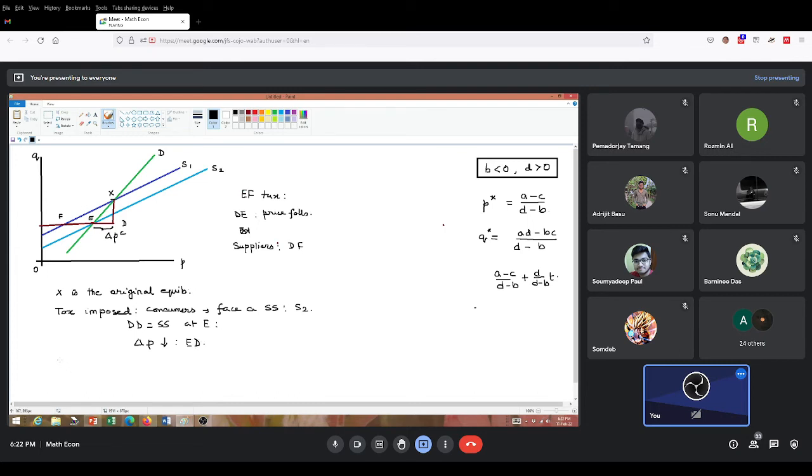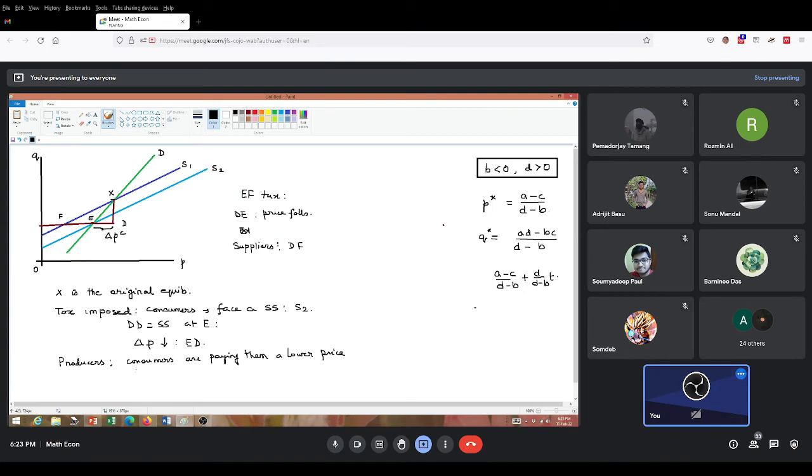The producers are suffering in two ways. One is consumers are paying them a lower price.